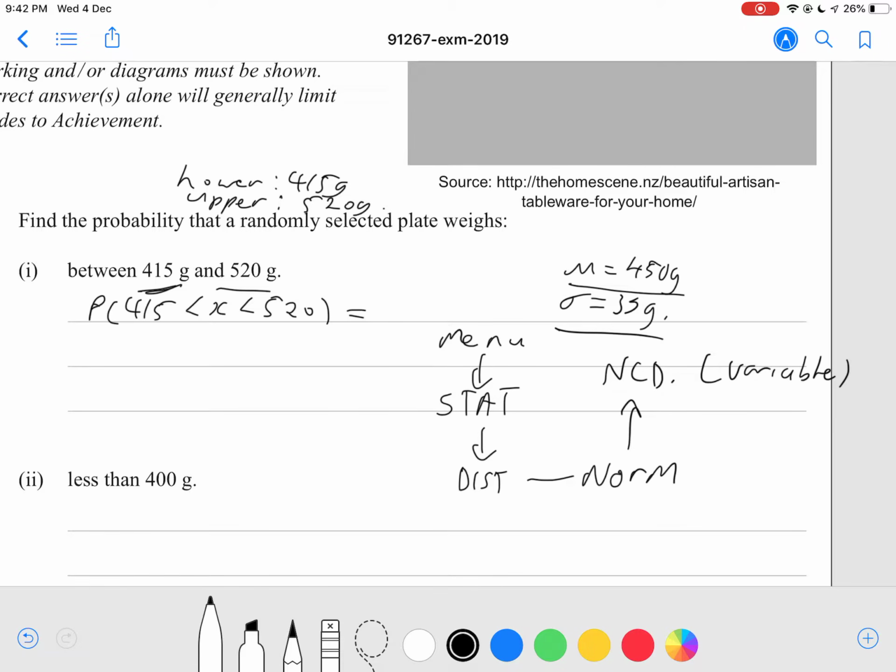And that's all you have to do. That should get you an answer of 0.8186, and this should be an achieved question here.